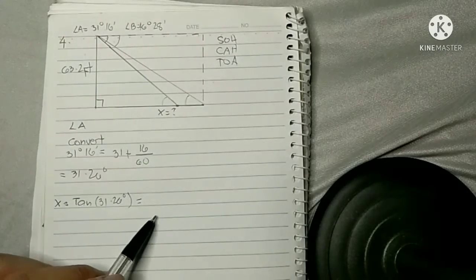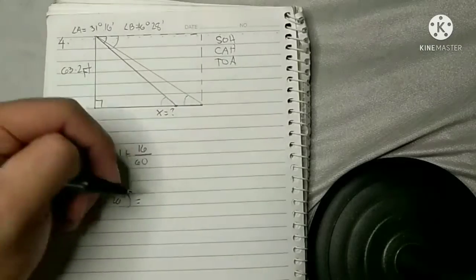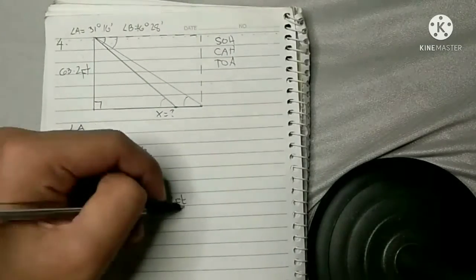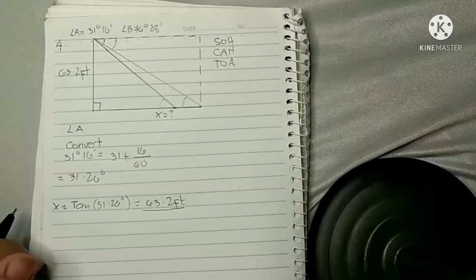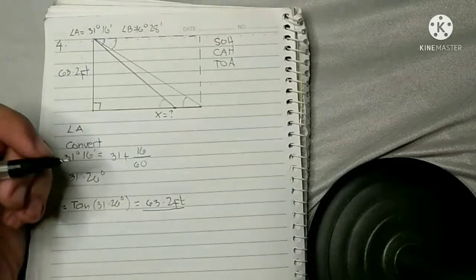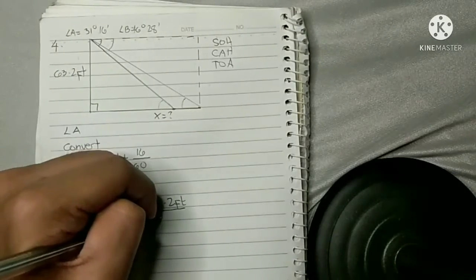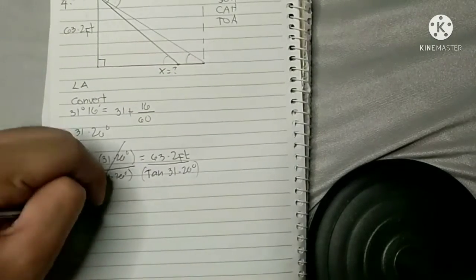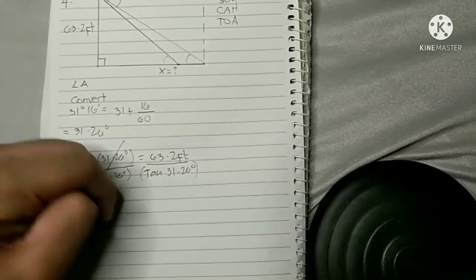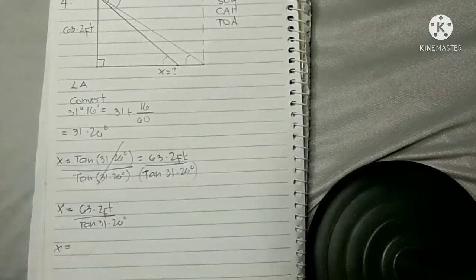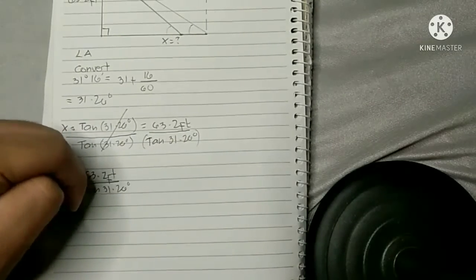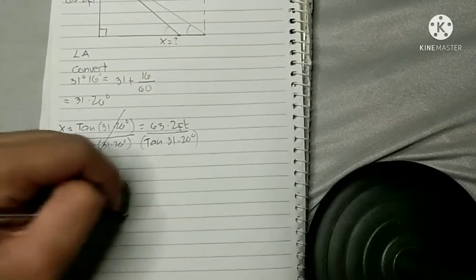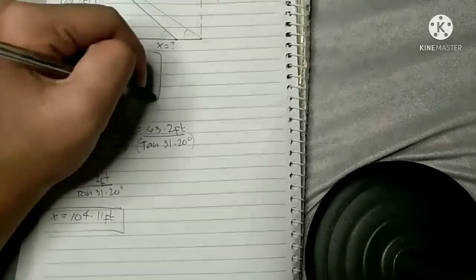Let's shortcut: we put tangent 31.26 degrees over tangent 31.26 degrees so that we can cancel. So we will get x equals 63.2 feet over tangent 31.26 degrees. So our x will be 104.11 feet, and that is our first adjacent.